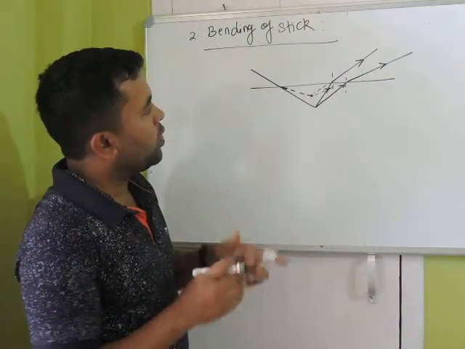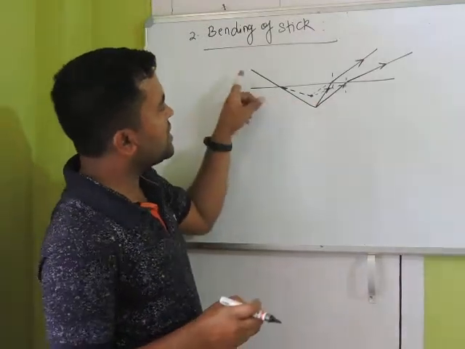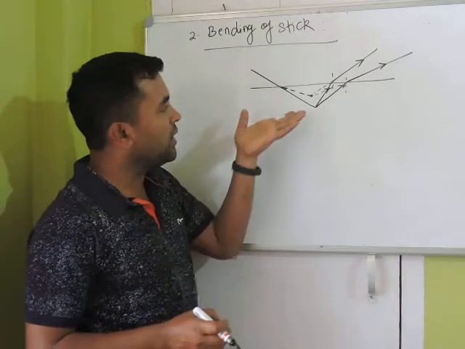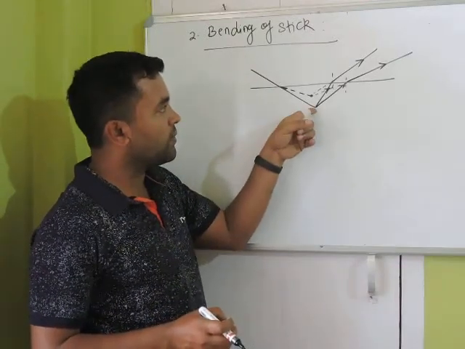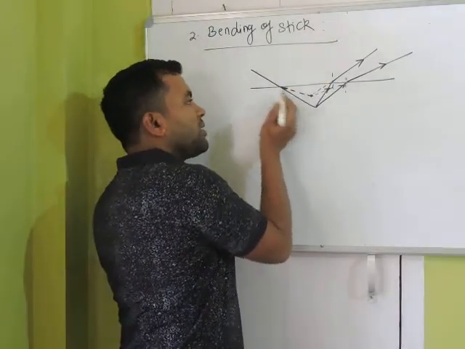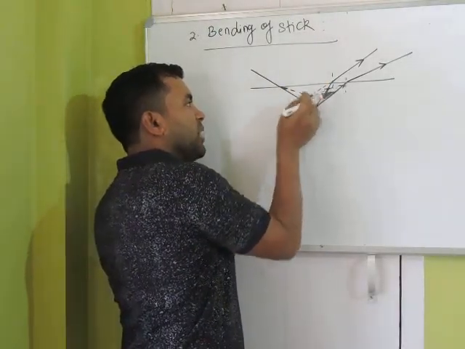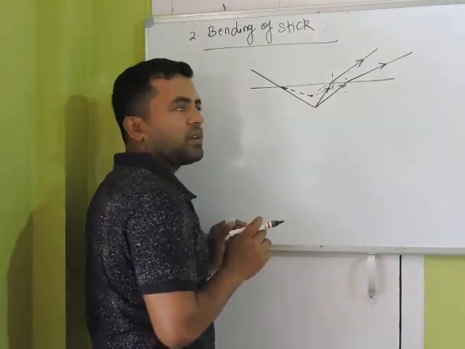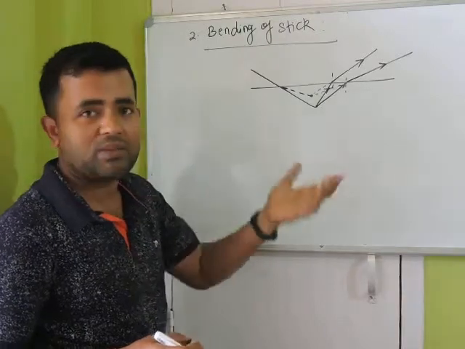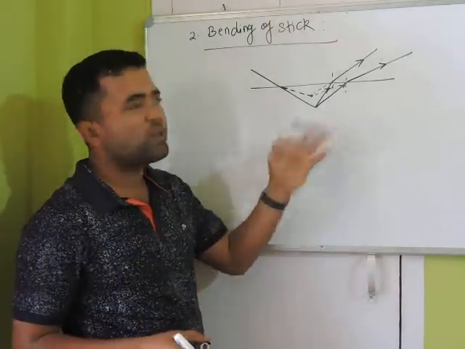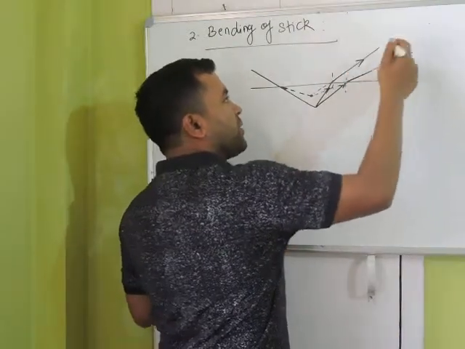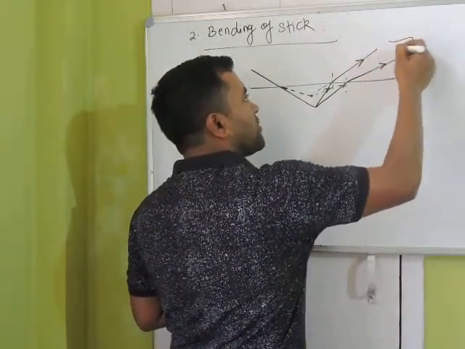So this pencil is like this, and just now we talked about apparent shift. If anything is here, then it will appear to be shifted up. Because of that, this part of the pencil appears to be shifted up, and this is called bending of the stick. Generally they ask this question in the board exam, they have asked it many times, and it carries 2 or 3 marks. And again, these two rays seem very far apart, but they are very close and they will be intercepted by your eyes.